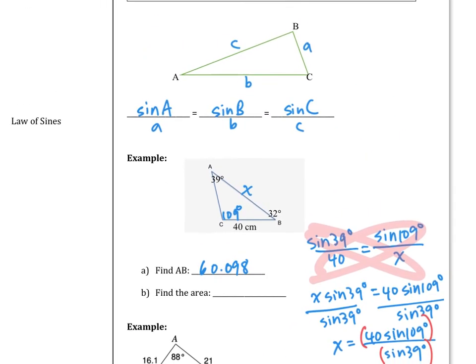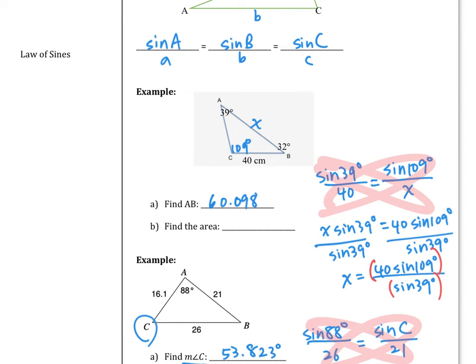All right, so let's take a look at this first example we skipped. So find the area. We need two sides and the angle in between. Since we already found the side X and we already know this side is 40, we have this angle in between being 32.